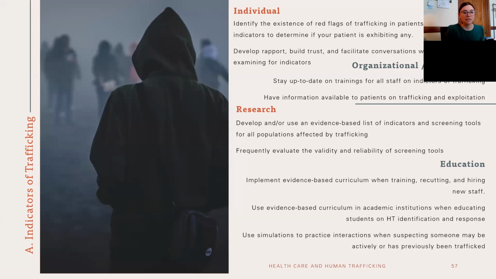So what signs might they be showing? Is there another person in the room? Is that person talking most of the time? Are they not able to explain where their pain is coming from or where their injury occurred because who is identifying as being their mother or their partner is speaking for them, right?